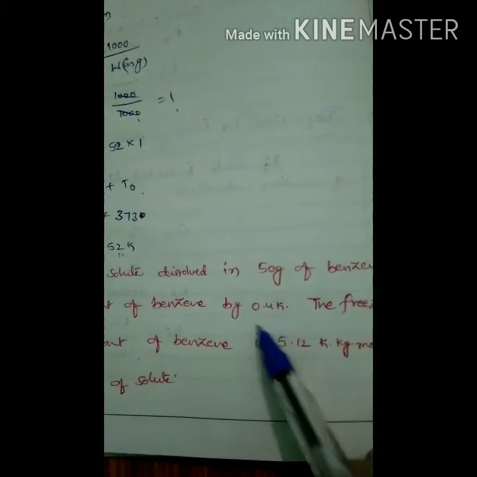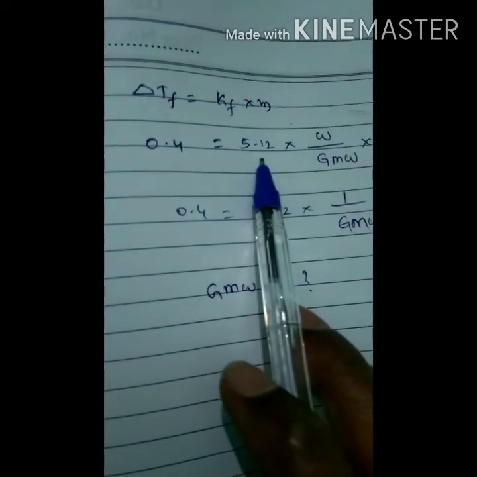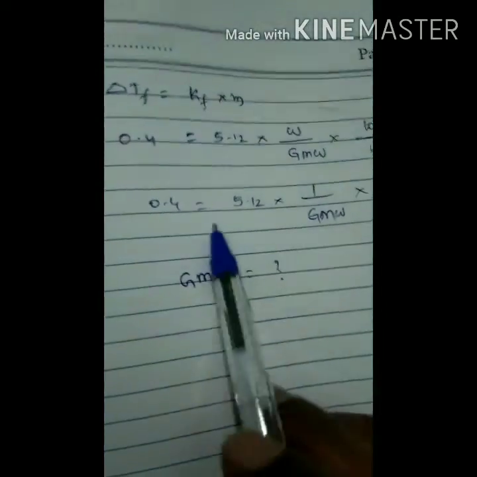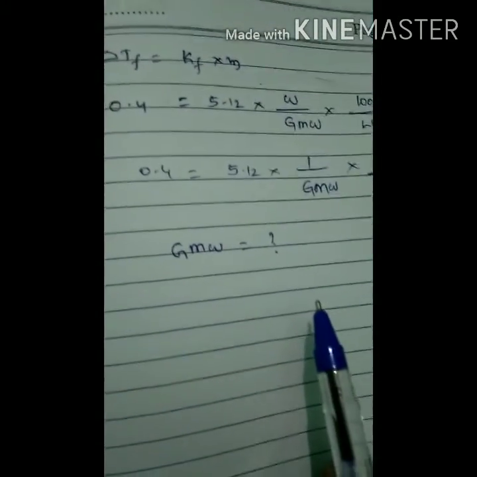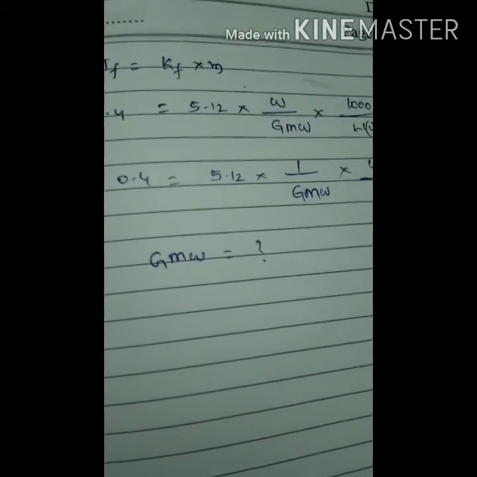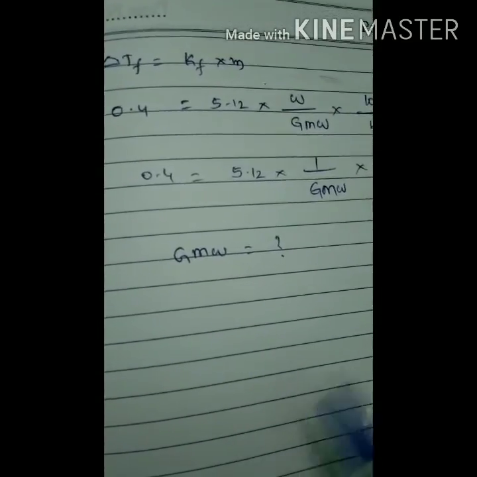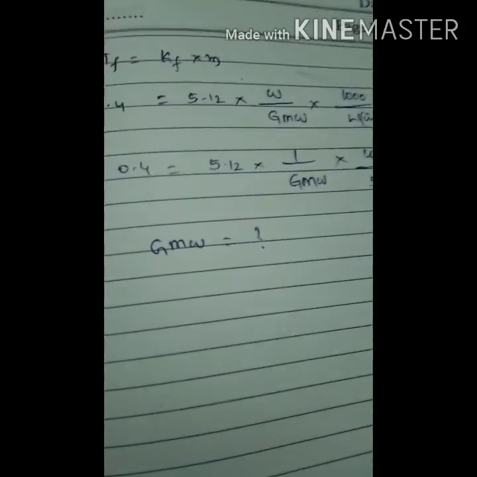So this 0.4 K means delta Tf. So you substitute this value directly in that equation. So 0.4 is equal to Kf, which is 5.12, into the molality formula. We know that already. If you substitute this formula, we can find the gram molecular weight of solute. So these are the problems based on colligative properties, very simple problems. If you remember the formulas, you can solve any type of problem.